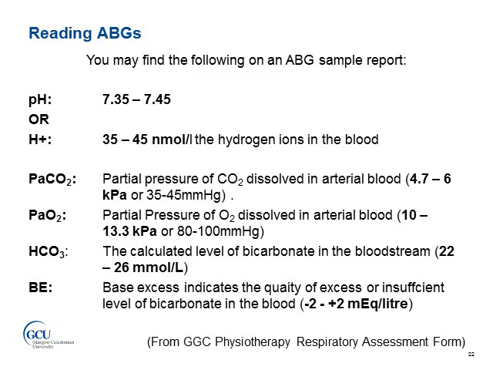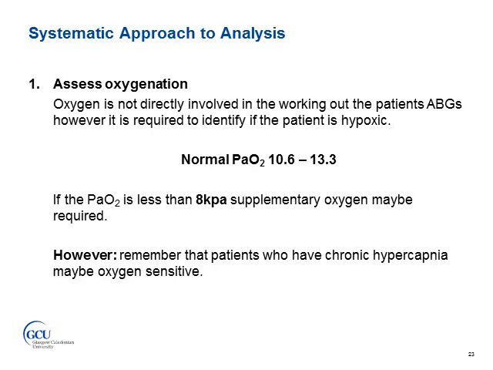We will always provide you with the hydrogen ions within the university, and the oxygen will also be provided to help you work out any respiratory failure. I am going to take you through a systematic approach to the analysis of ABGs.